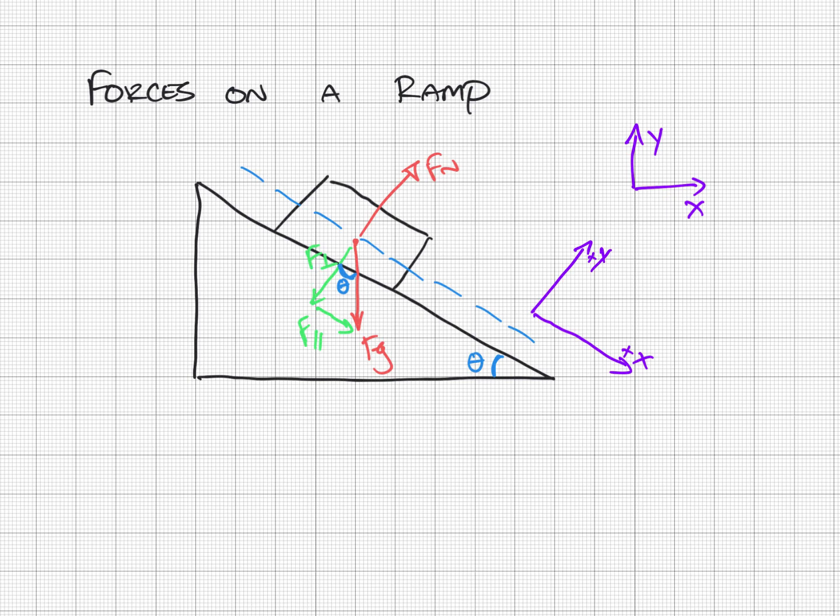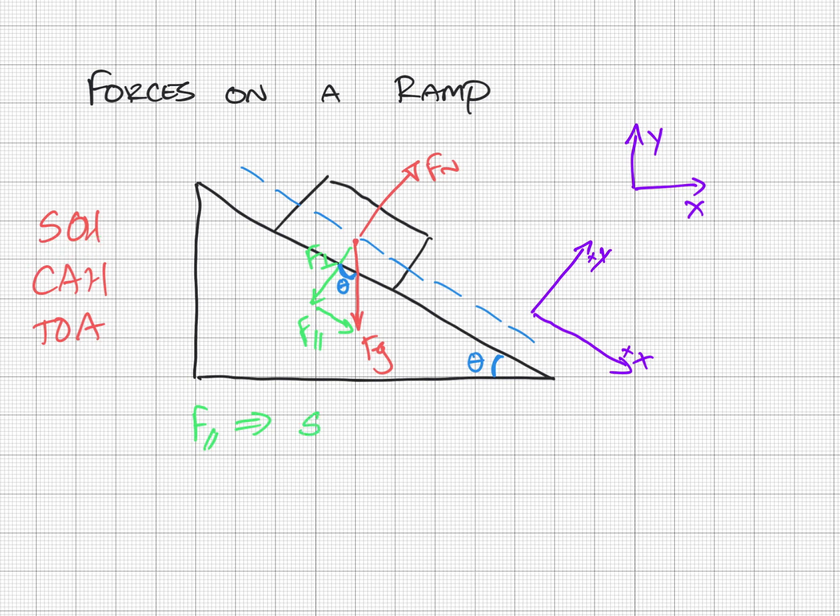If I wanted to find the parallel component, I would look at it this way: I know my gravity is my hypotenuse. This is my opposite side. So if I look at SOHCAHTOA, if I want the opposite and the hypotenuse, that's going to be sine.